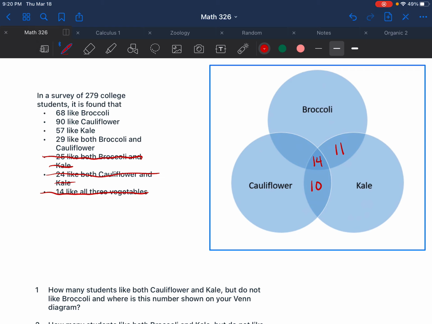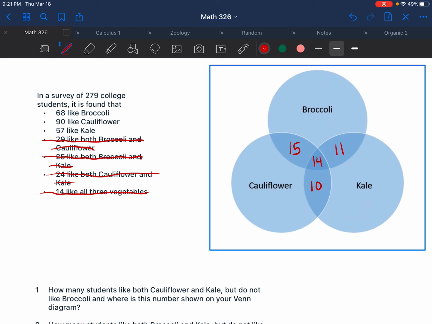Next on our list, 29 like both broccoli and cauliflower. So we are going to be looking at this section right here. And 14 people are already being accounted for because they like broccoli and cauliflower too. So we can go ahead and subtract 14 from 29 to get 15 more people that like broccoli and cauliflower. Let's go ahead and cross that off our list.